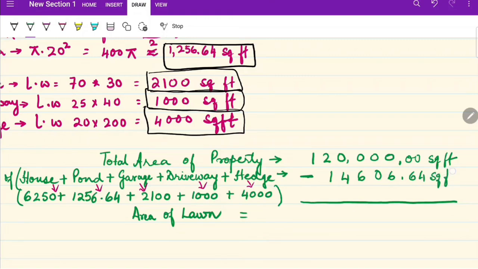All right, and when we subtract that value from the area of the entire property, we should get the area of the lawn, which should come up as 105,393.36 square feet. All right, that's the area of the lawn.